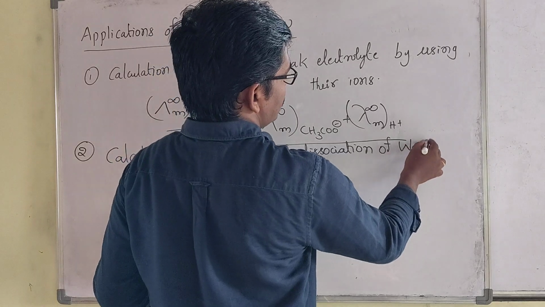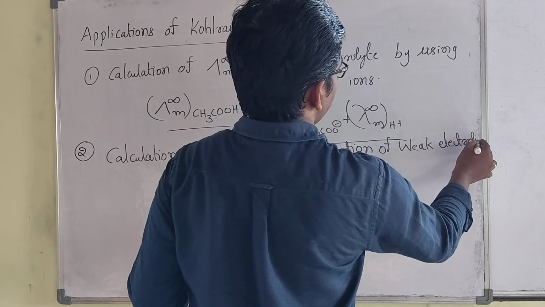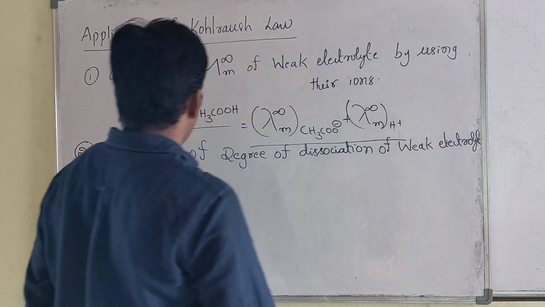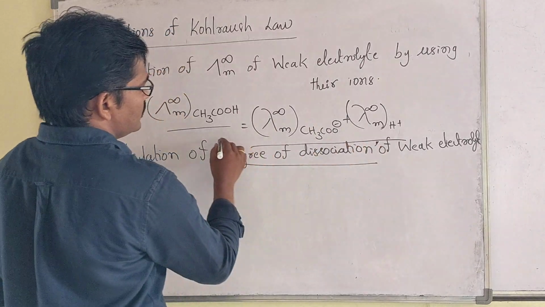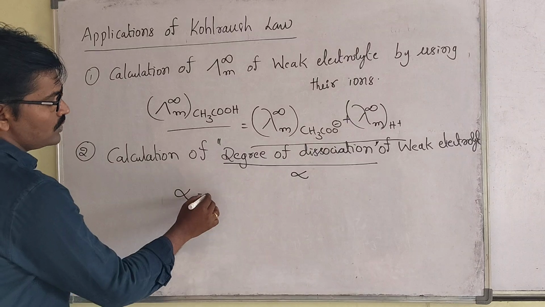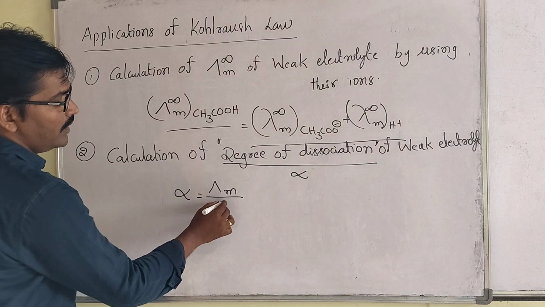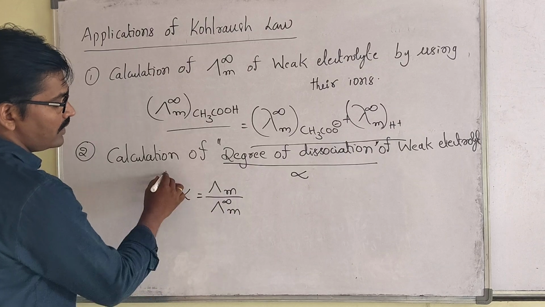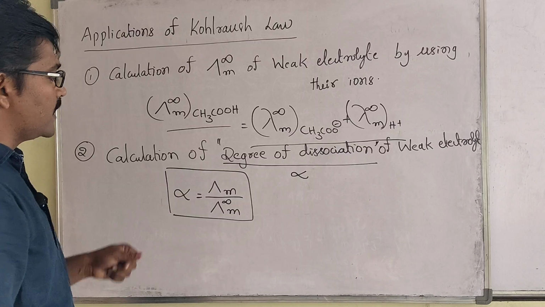So that degree of dissociation is nothing but what? That is alpha. Sir, alpha is equal to molar conductivity divided by limiting molar conductivity. If you take that, then you can get the degree of dissociation. So that is the second application.